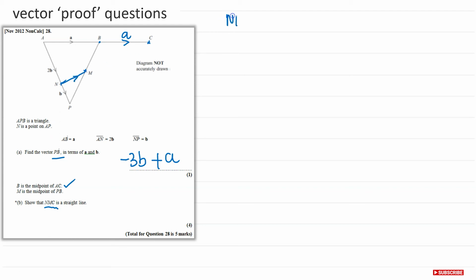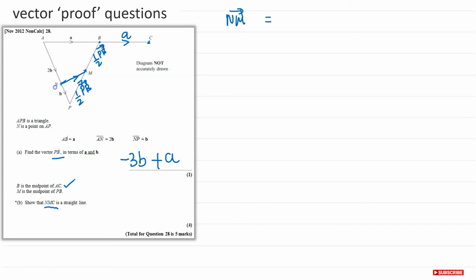So NM, how do we go to NM? That's going to be equal to going this way, NP plus PM. Remember, we have PB. PB is going in that direction, and we know that M is a midpoint, so this is going to be half of vector PB. And this one, M to B, is also going to be half of vector PB.